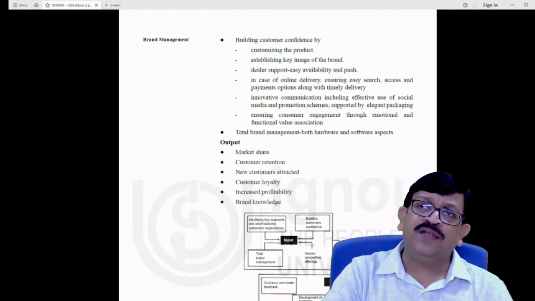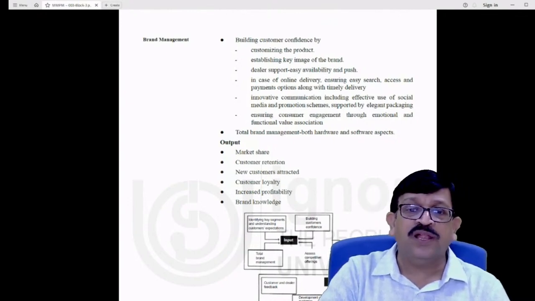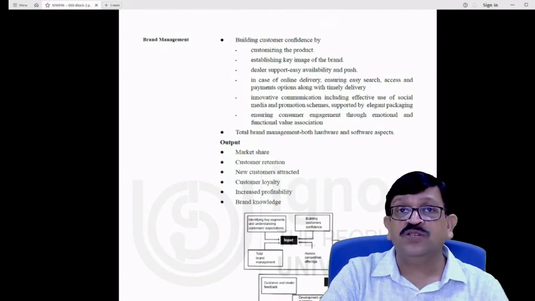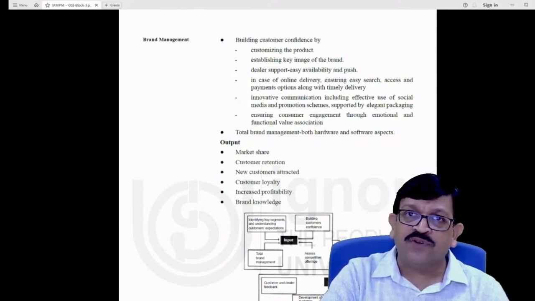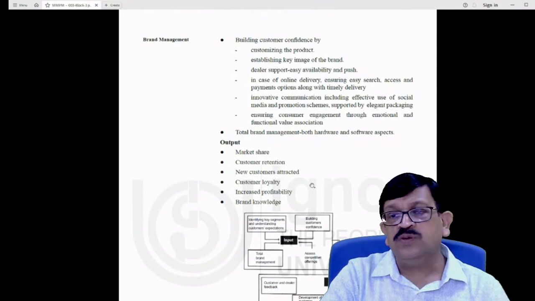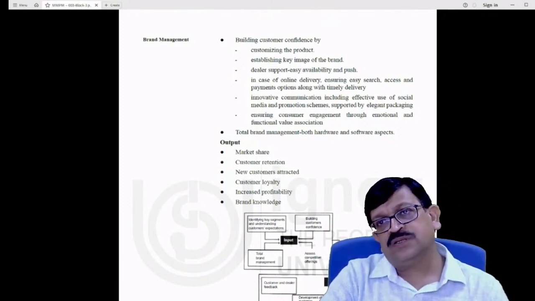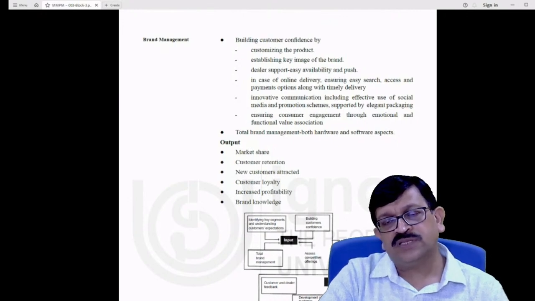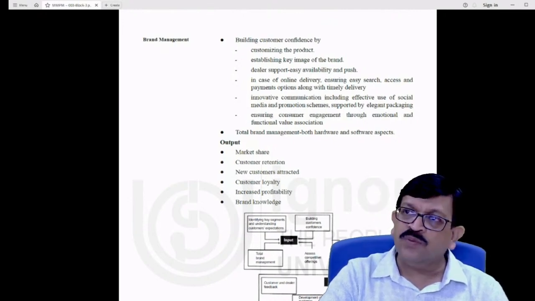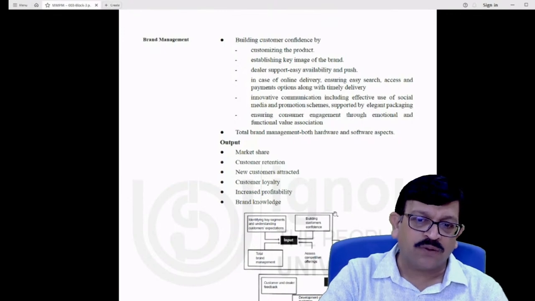Of course, if the brand image is strong, we can leverage it, and we can also ensure customer retention for a longer period of time. And we also need to enhance the knowledge of the brand among its takers, not only among the consumers but also among the stakeholders.